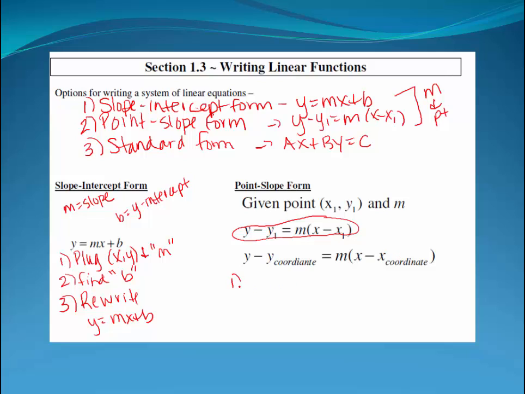And so what you're going to do is after you plug in your x and y and your m, you are just going to simplify the equation. And when you're done simplifying, it will already be in that form of y equals mx plus b.